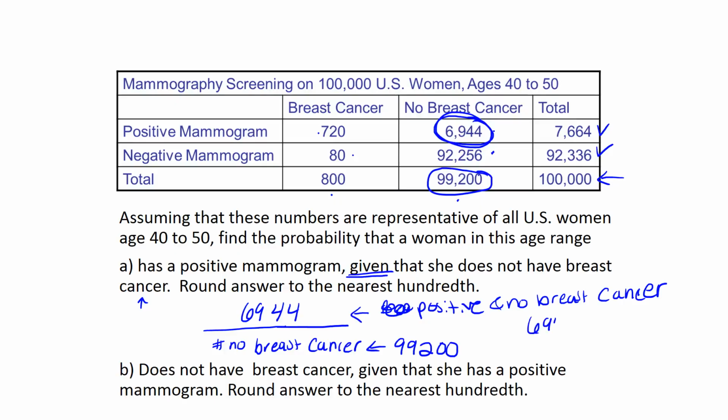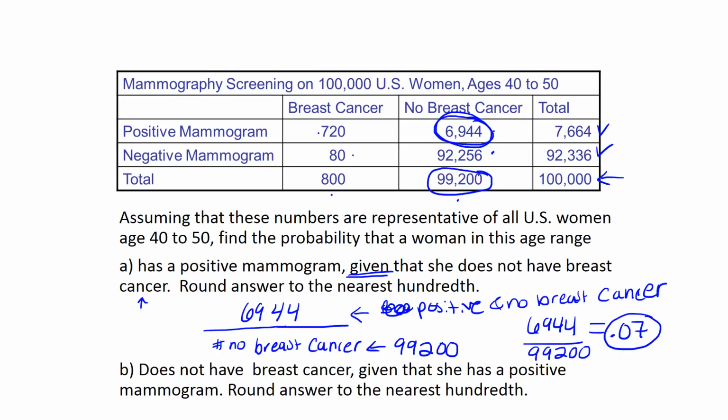So 6944 divided by 99,200. That should give you 0.07 on the nose. So there's a 7% chance of having a positive mammogram but not really having breast cancer.